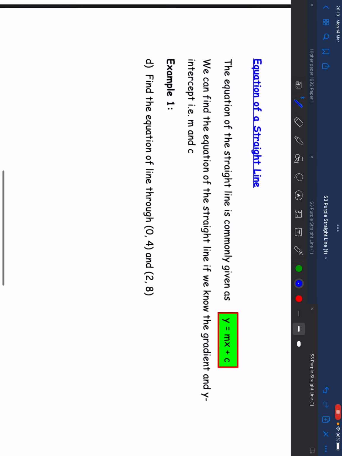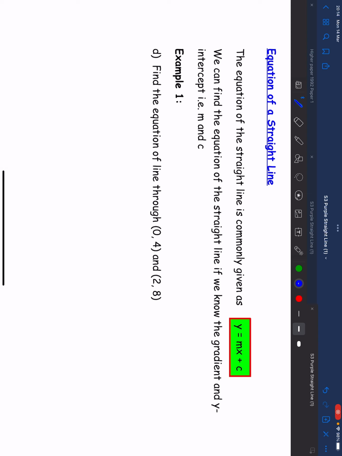And a final example here. To find the equation of a straight line, again, we need to know the gradient and where it cuts through the y-axis. Straight away, we can tell where it cuts through the y-axis because one of our coordinates is actually on the y-axis. We know it's on the y-axis because it says 0, 4.